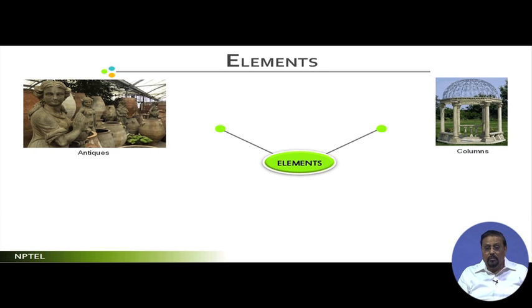The columns and gazebos like this started coming in. That means structures which were predominantly architectural elements started coming into the landscape, blended into the landscape in small sizes, and when we discuss English landscape, we will see it followed through there also, and it is being followed even today.